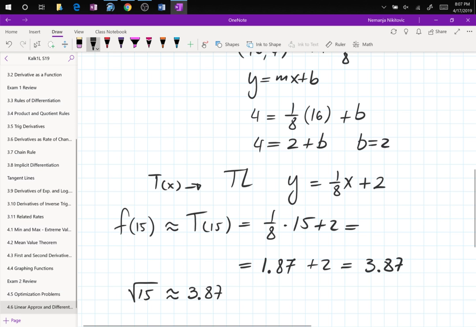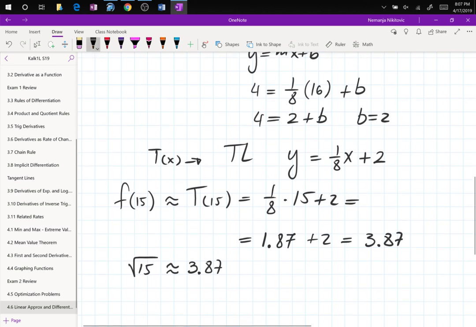Now, if you want more decimals in the calculation, you can. Now you take your abacus and you calculate the square root of 15, just to see how bad we are.